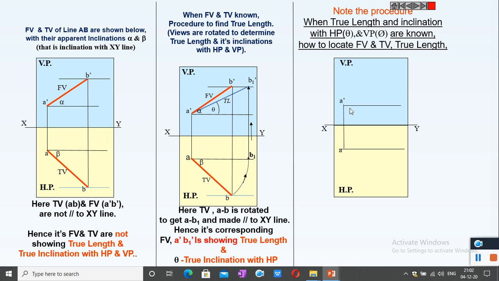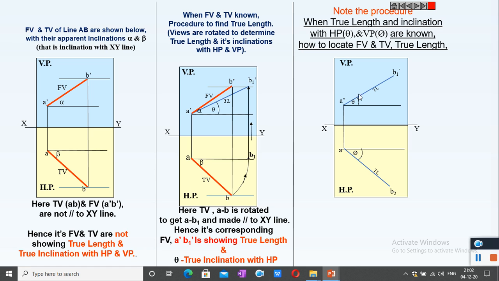First of all, locate A dash and A. So here the true length, inclination with the HP and inclination with the VP are given. Inclination with HP is theta. Inclination with VP is phi.